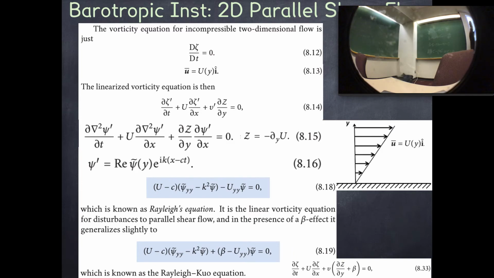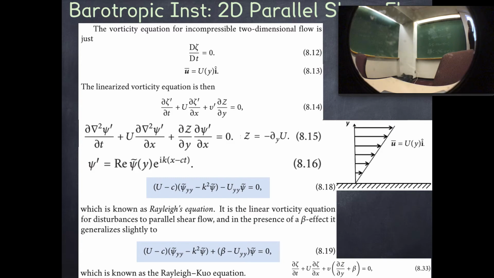He keeps jumping back and forth. But anyway, that's what he means by z: it's dy of u minus dy of u. So it's the vorticity that's in the background flow, z. So here we go. We've got the vorticity in the background flow being affected by the perturbation. We've got the background flow affecting the vorticity perturbation, and we've got the vorticity perturbation changing in time.